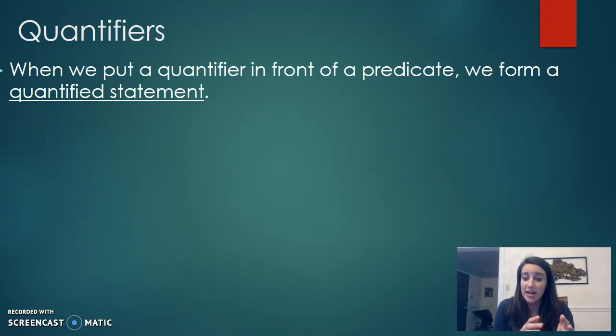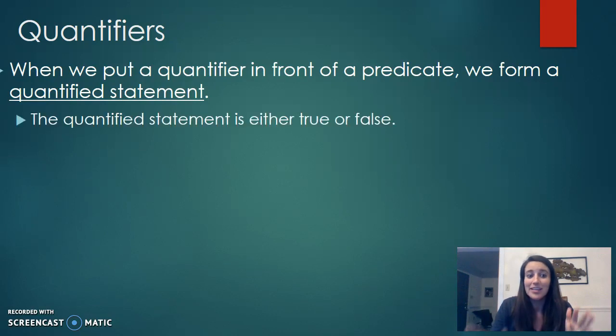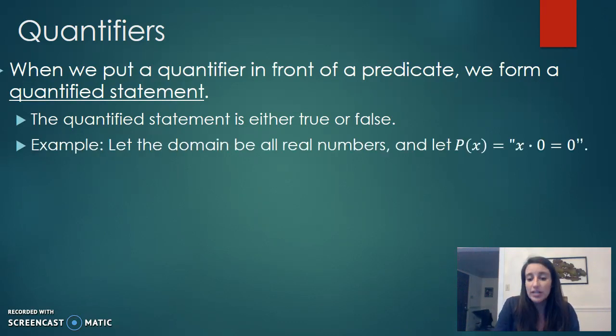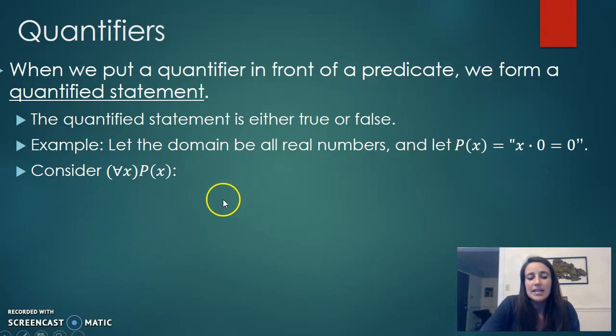When we put a quantifier in front of a predicate, we form a quantified statement. And just like all other statements, that quantified statement is either true or false. So for example, if we let the domain be all real numbers and take P of x to be the sentence x times 0 equals 0, consider the quantified statement for all x, P of x.